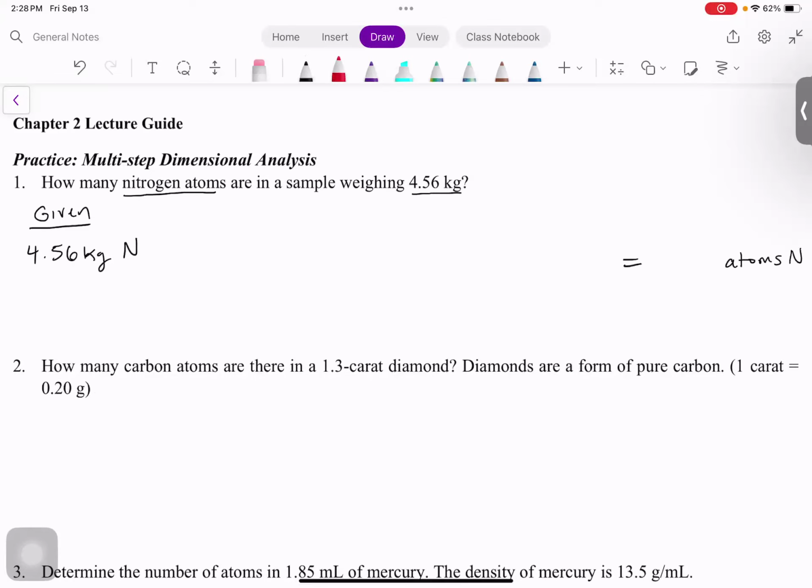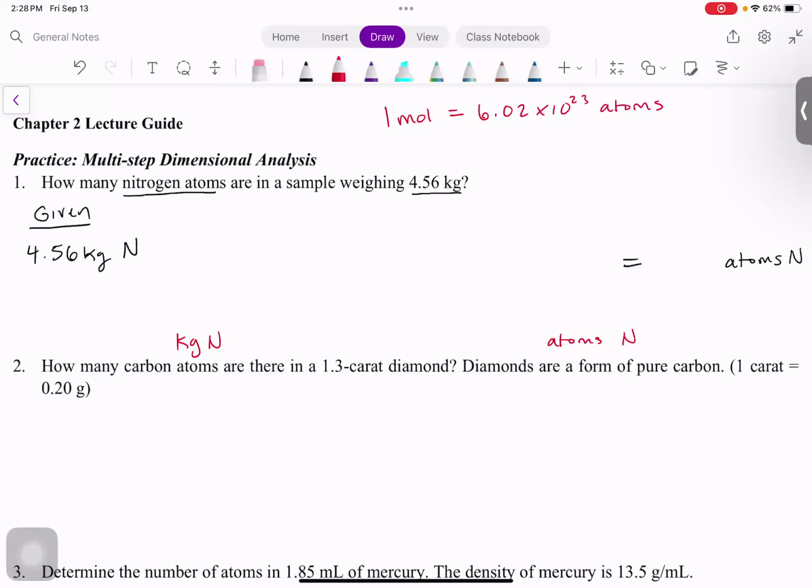So we want to plan out a strategy here. So we have kilograms of nitrogen. We eventually want to get to atoms of nitrogen. Well, I know a few things, and I can write those things down to remind myself. I know that 1 mole is always equal to 6.02 times 10 to the 23rd atoms.